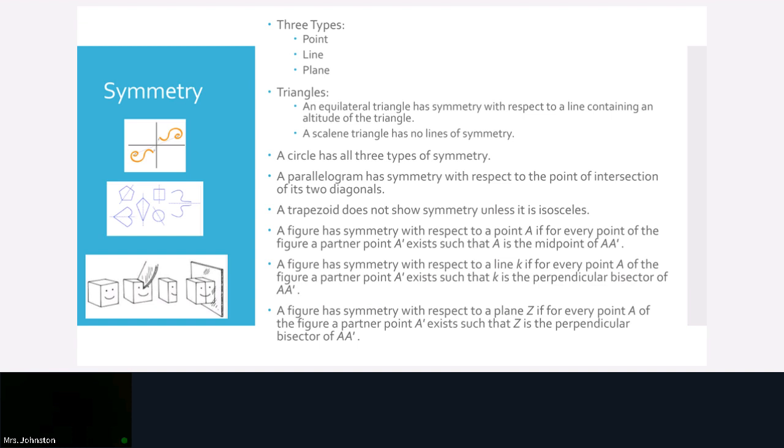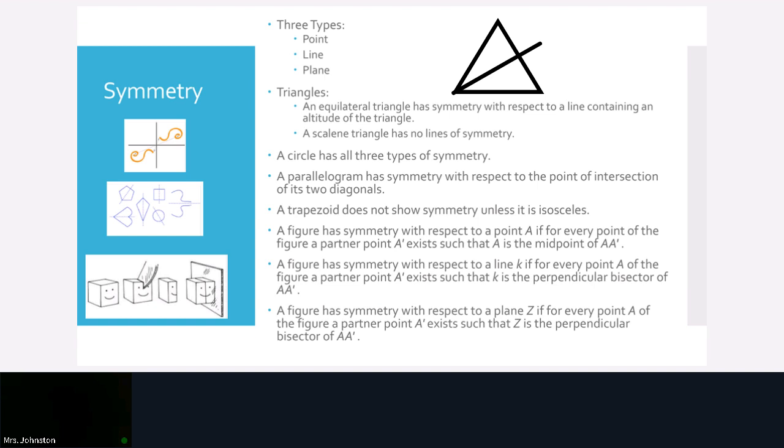Well, if you had an equilateral triangle and drew a line from any of its vertices, and that line was an altitude to the opposite side, you can see that it splits this triangle exactly in half. However, a scalene triangle would have no lines of symmetry simply because it doesn't have any equal sides. So even if you split it as evenly as you could, it wouldn't be the same.